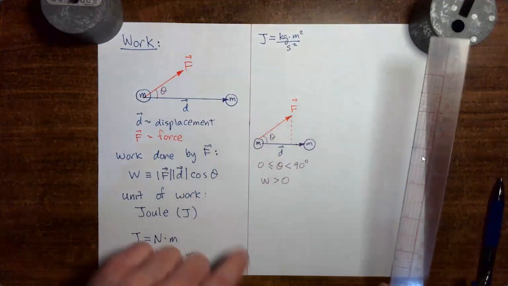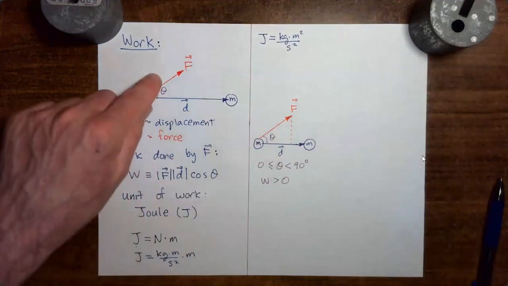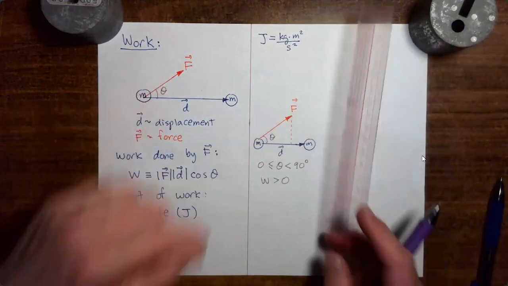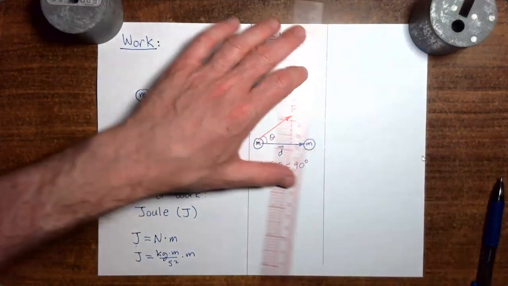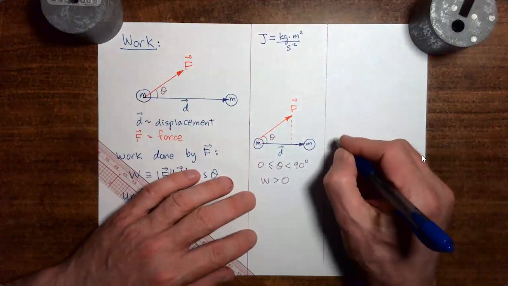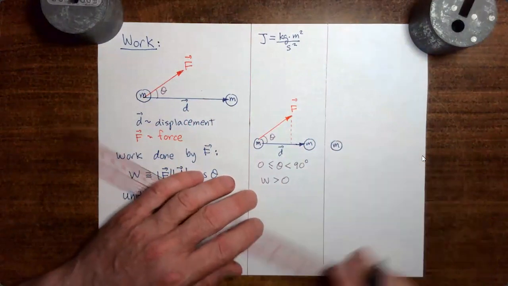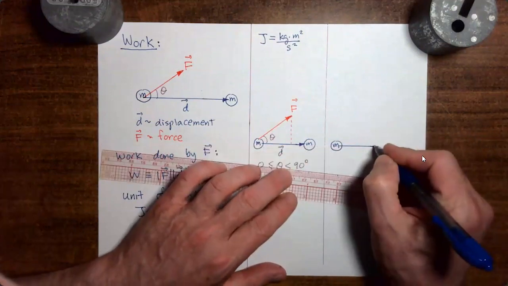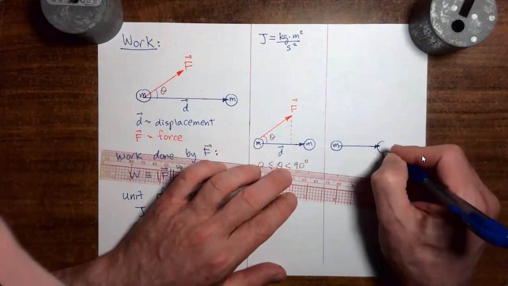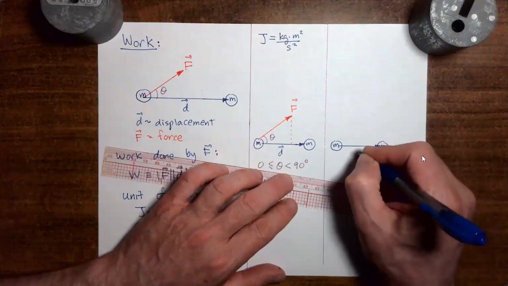Now let's look at the case where the angle between the force vector and the displacement vector is 90 degrees. So here's our displacement vector.